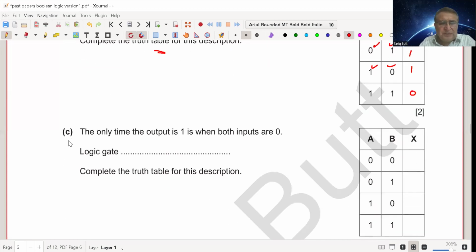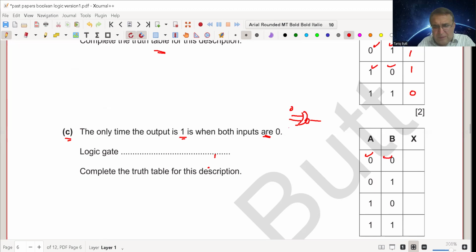Next, part C: the only time that the output is 1 is when both inputs are zeros. When both inputs are zeros, then output is 1. What might be that gate? What about NOR?